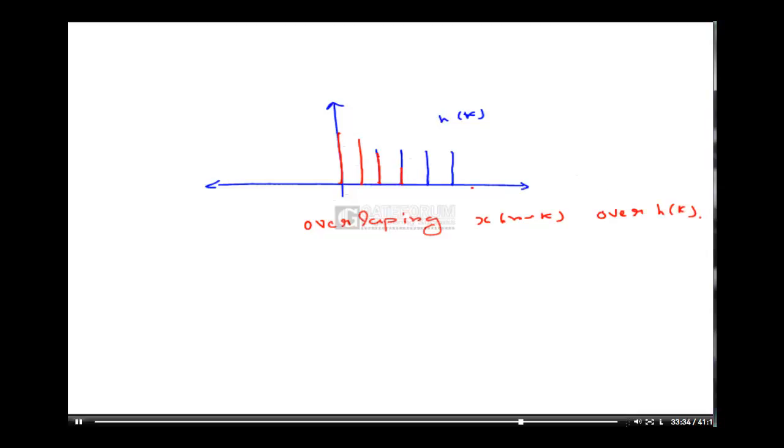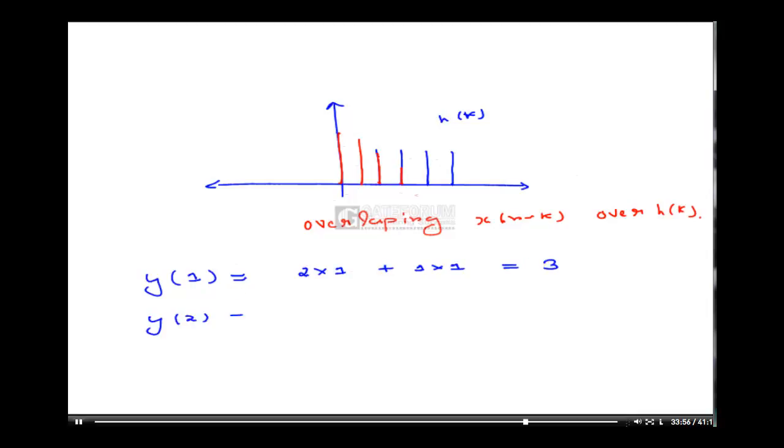Okay. So for each term you can write y0, y1, y2, y3, y4, y5, y6. Now what is y1? y1 will be 2 into 1 plus 1 into 1, which is equal to 3.